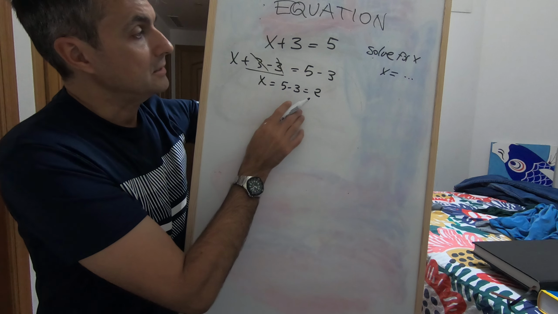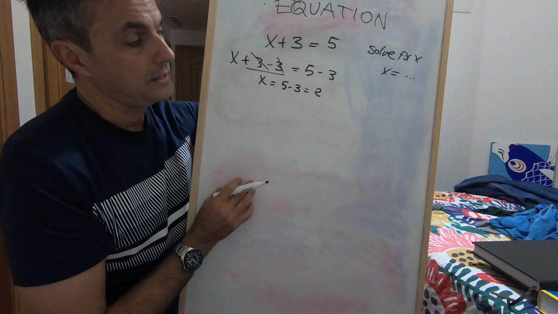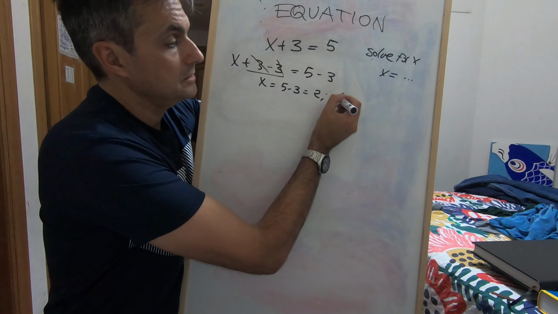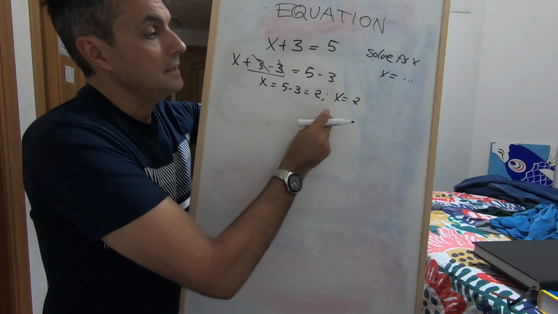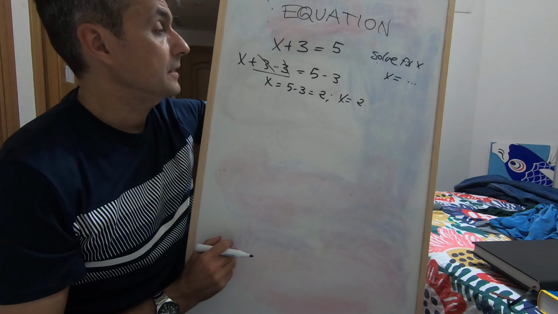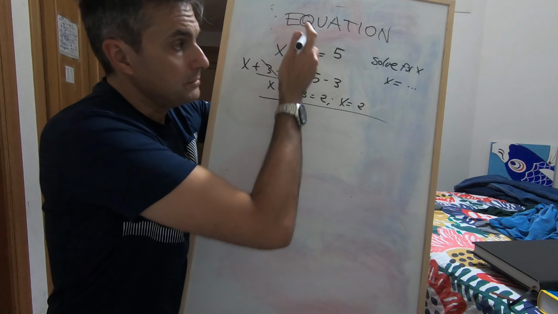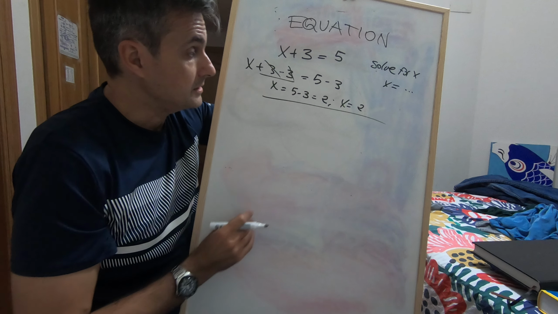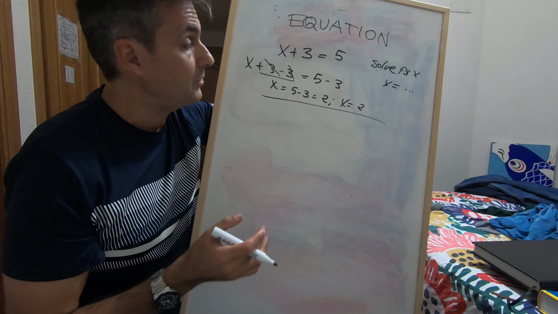So let's go back: 2 plus 3 equal 5. The solution is x equal 2, and we can verify that it's a solution because 2 plus 3 equal 5. This is pretty simple, and the rest use the same idea but changing the operations.